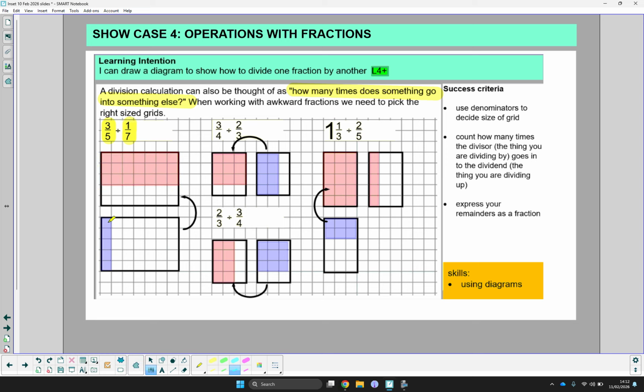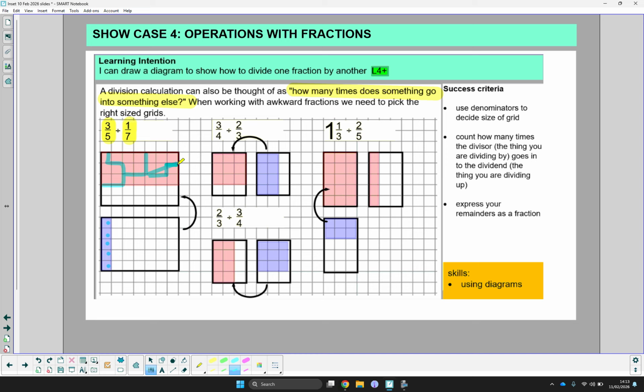I'd be going, I've got 1, 2, 3, 4, 5 little boxes. So I can fit in 1 group of 5. 1, 2, 3, 4, 5. I can fit in 2 groups of 5. I can fit in 3 groups of 5. Let's get that a bit neater.